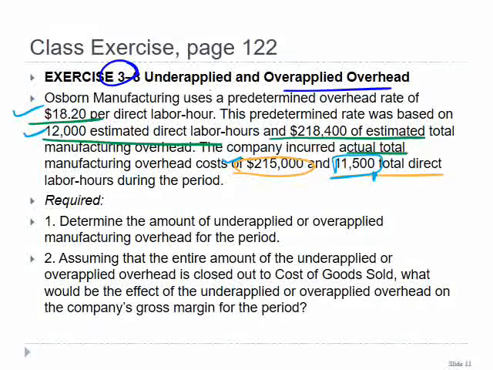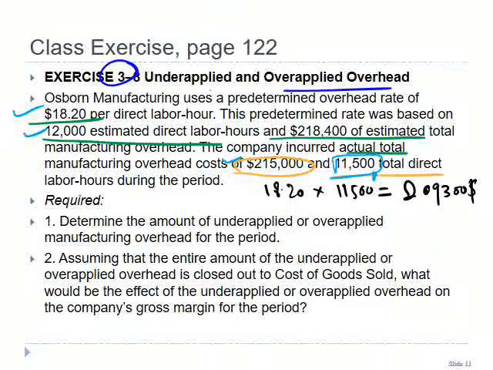So we need to find the applied activity based on actual hours. We multiply 18.20 with the actual activity: 11,500 multiplied by 18.2. The answer is 209,300.